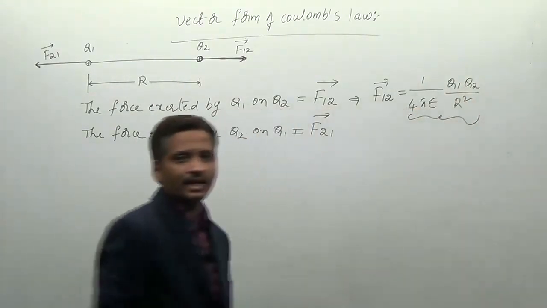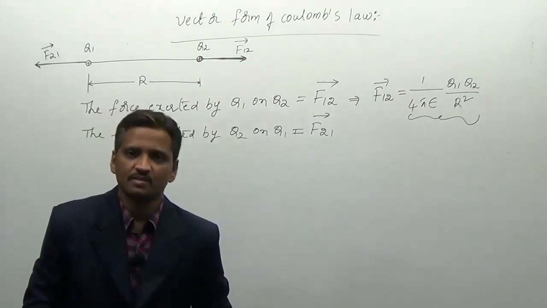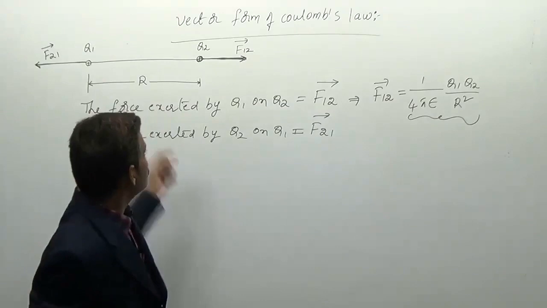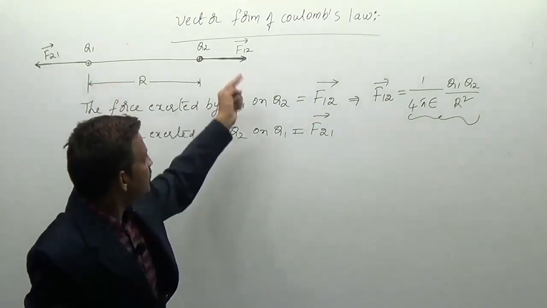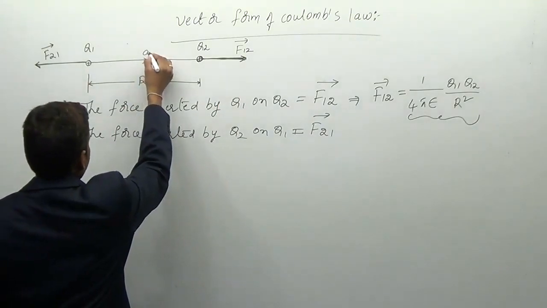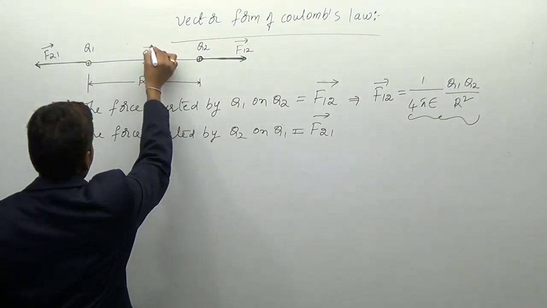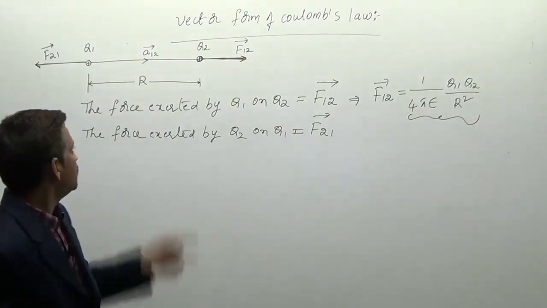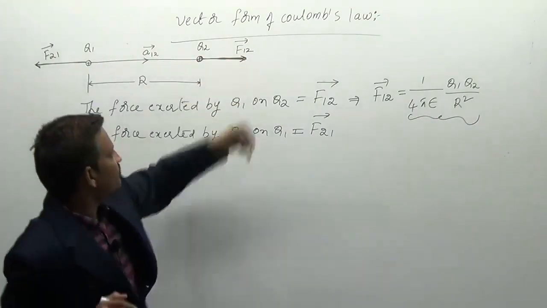But what is its direction? The direction is always expressed in terms of unit vectors. So in this direction, there will definitely be some unit vector. Let us denote that unit vector by A12, which is in the direction of F12.